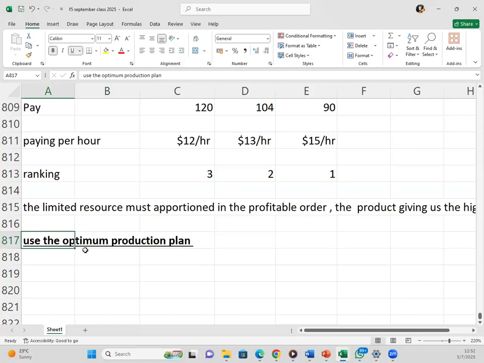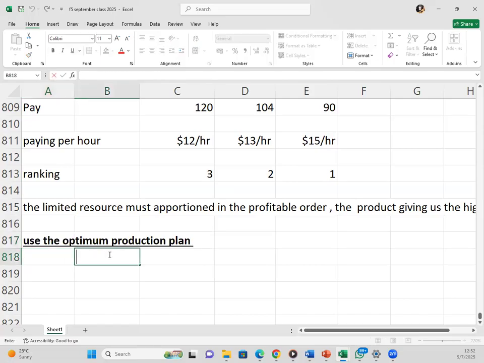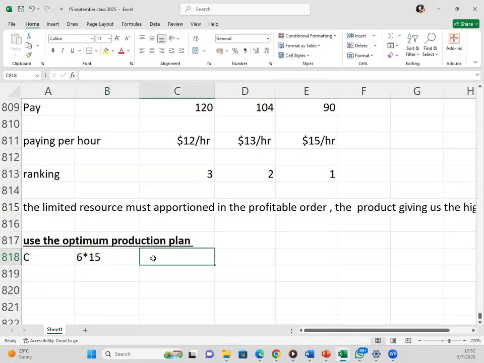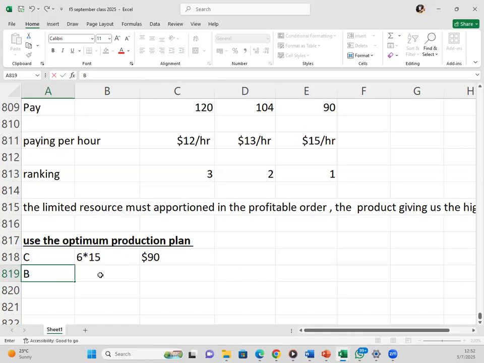So if you use the optimum production plan, it means that you would start with company C. For company C, you would work your 6 hours and you'd get your $90 at $15 per hour. You then go to company B with the remaining 4 hours, getting $13 per hour.